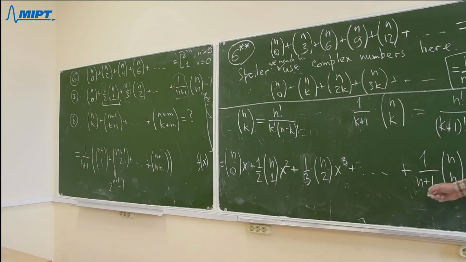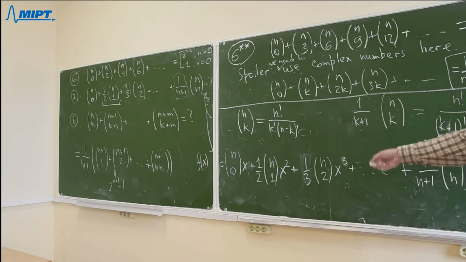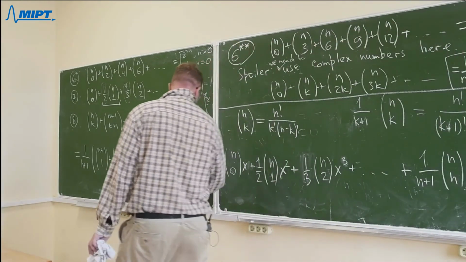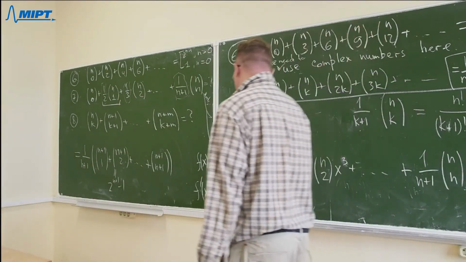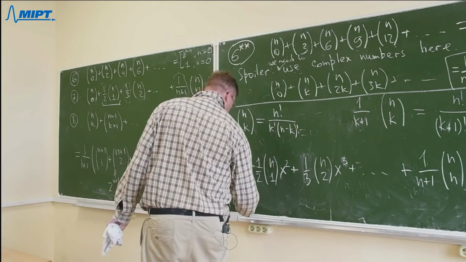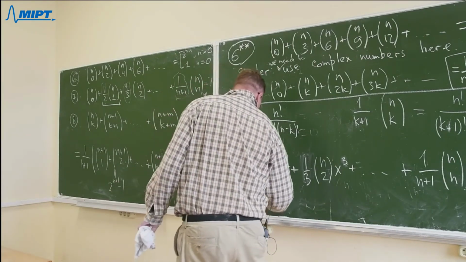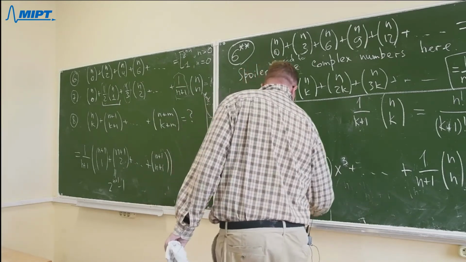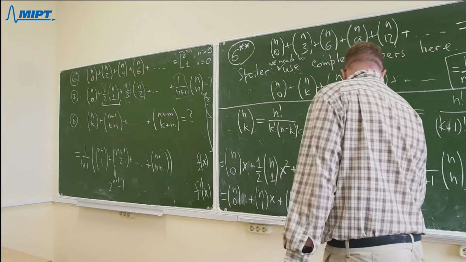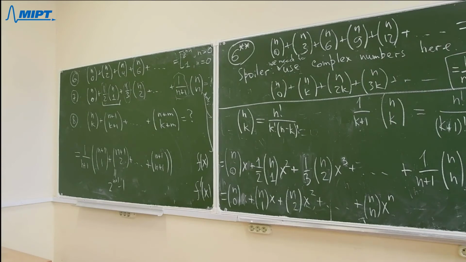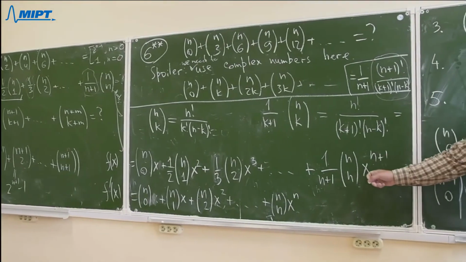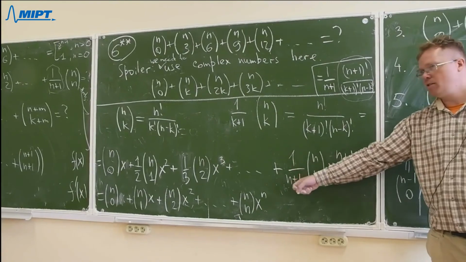Also, if you look at this function, how can we get rid of these ratios? You can just take the derivative. The derivative will be equal to n over 0 plus n over 1 x plus n over 2 x squared and so on plus n over n x to the power n, because if you take the derivative of x to the power n plus 1, then we have n plus 1, and this will cancel with these ratios.